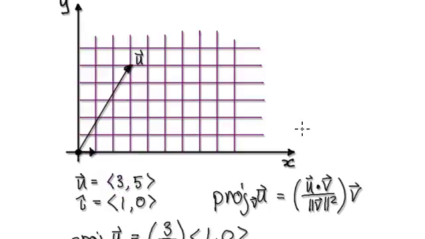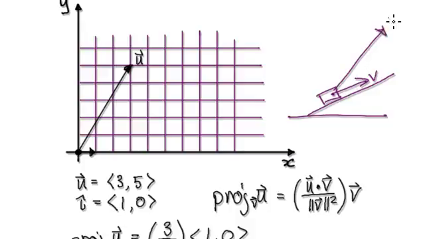But in the future, it won't be that way because let's say you're trying to pull a box up a ramp. This is your vector v, and you're applying a force of F here, say. So now you have the ability to work with this axis here.